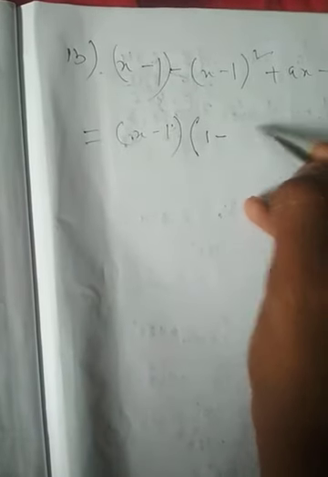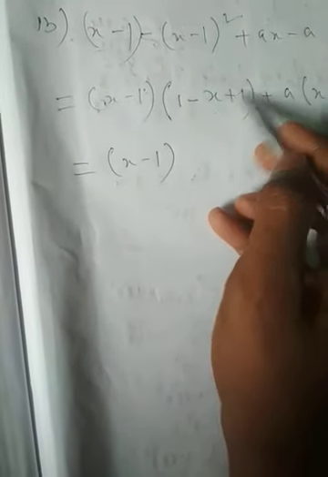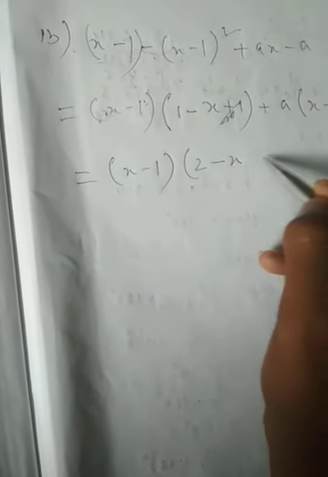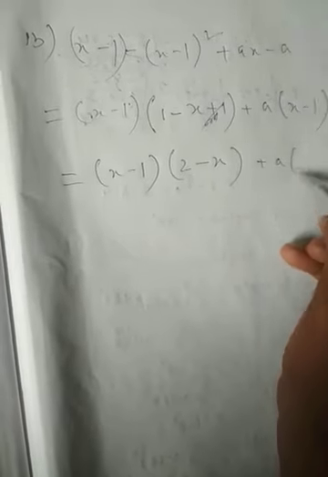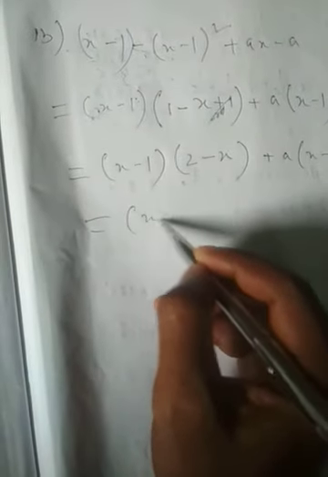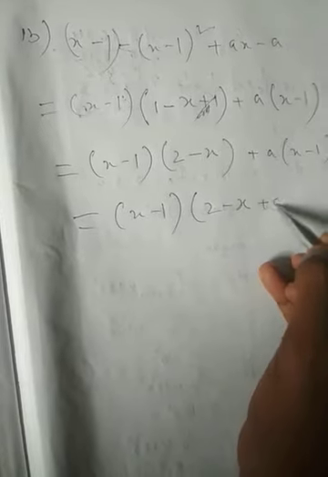So there will be left 1 minus x plus 1. Here you can take a as a common. There is left x minus 1. So that becomes 2 minus x. And here is a into x minus 1. So in both terms x minus 1 is common. I am taking the x minus 1 common. So what is left? 2 minus x plus a. That is the answer. Easy to solve.